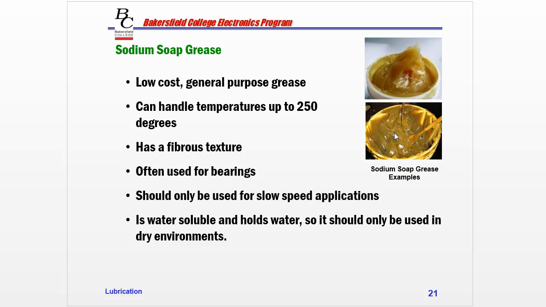It's often used for bearings, and it should only be used for slow speed applications. Now this grease is water soluble, and it holds water, so it should only be used in dry environments. So we wouldn't want to use a sodium grease on a wheel bearing for a boat trailer, especially when that boat trailer has to be put in the water when we're launching a boat off the trailer.